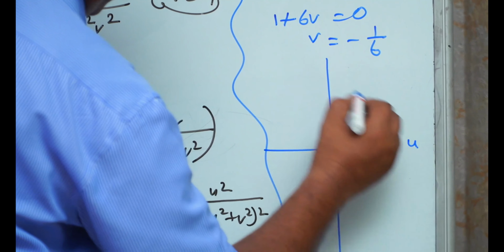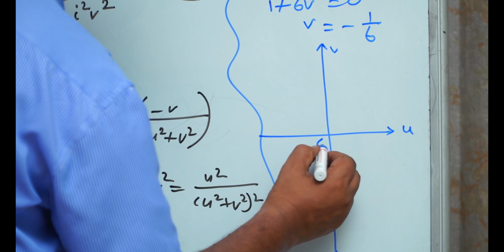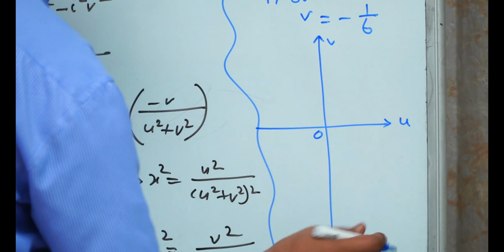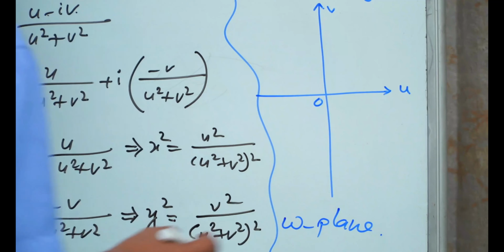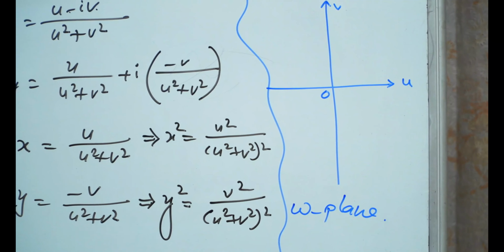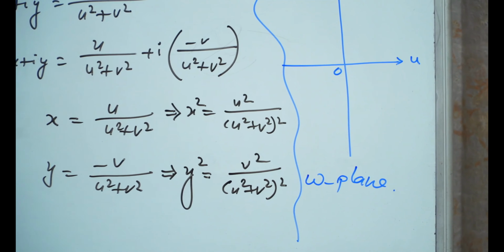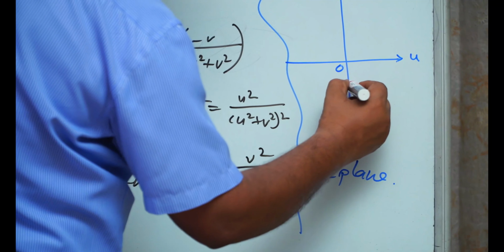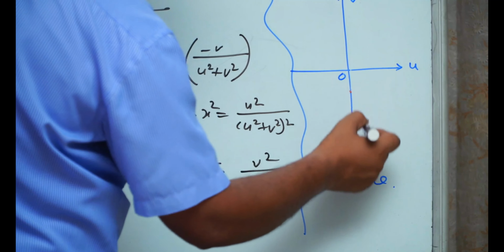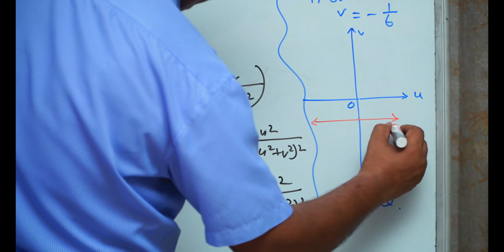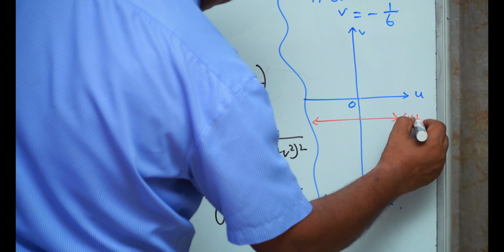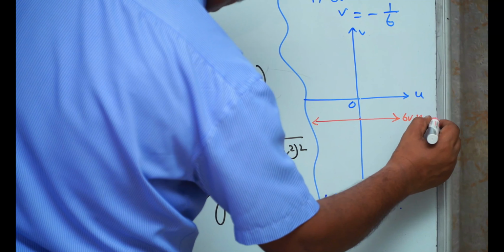This is the u axis, this is the v axis, this is 0 in the omega plane. V is equal to minus 1 by 6 is a line at minus 1 by 6 on the v axis, which is a horizontal line. 6v plus 1 equal to 0 is a line parallel to u axis.